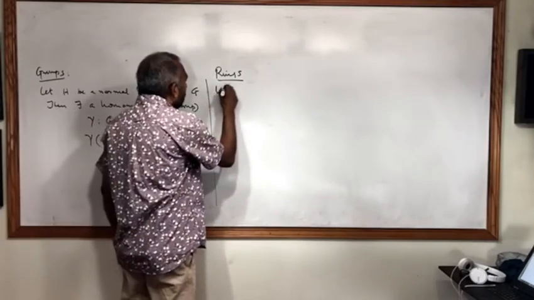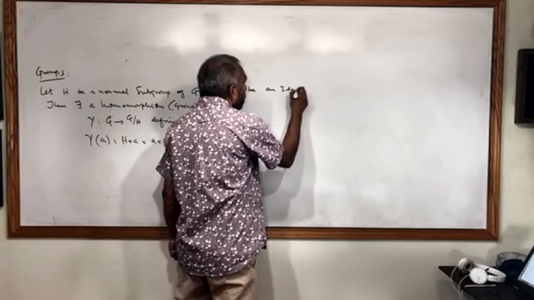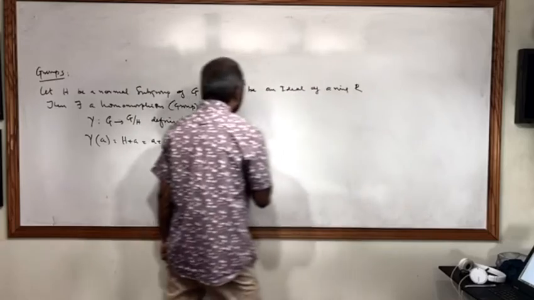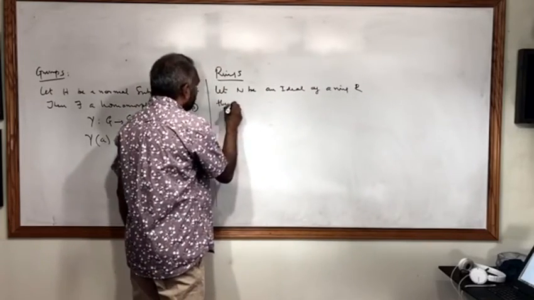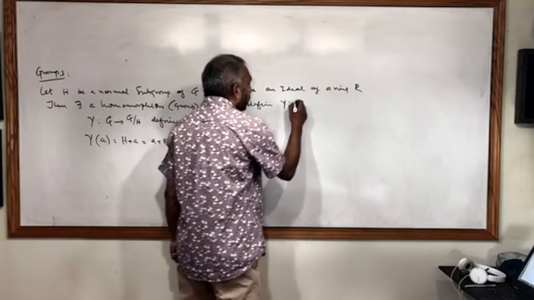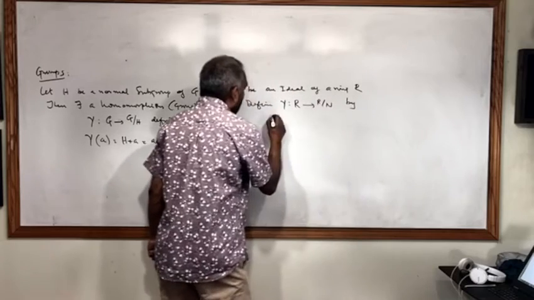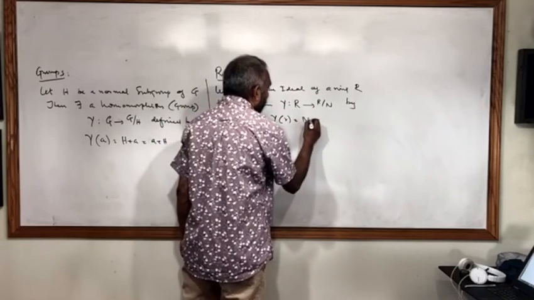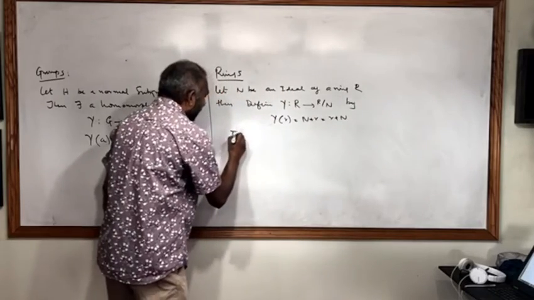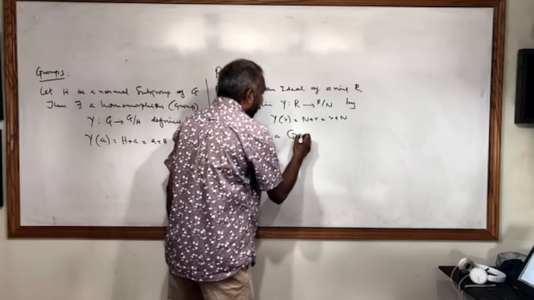So let N be an ideal of a ring R, then define gamma from R to R by N by gamma of r is equal to N plus r is equal to r plus N. Then gamma is a group homomorphism.